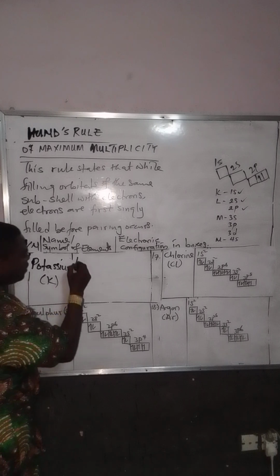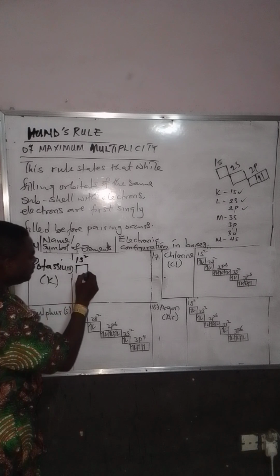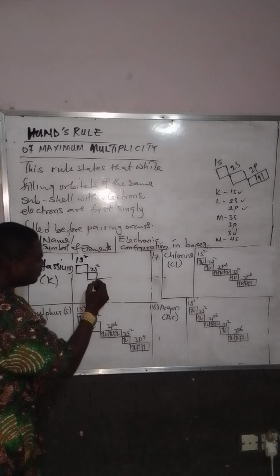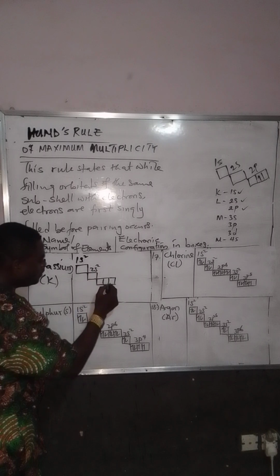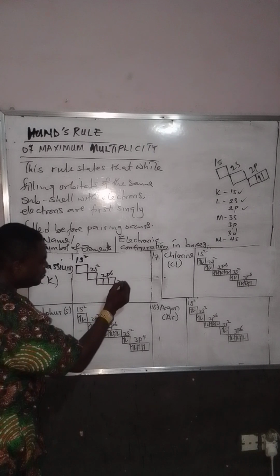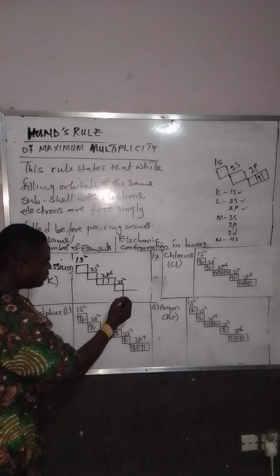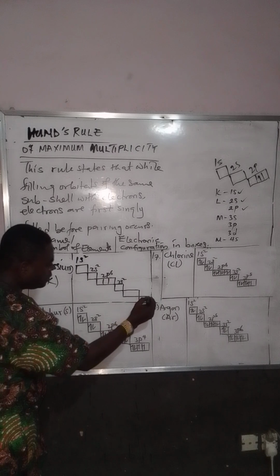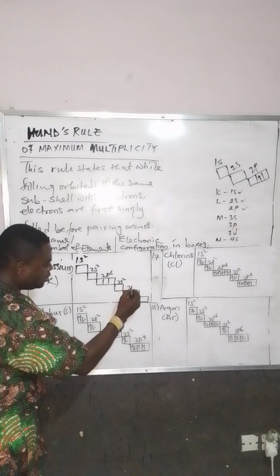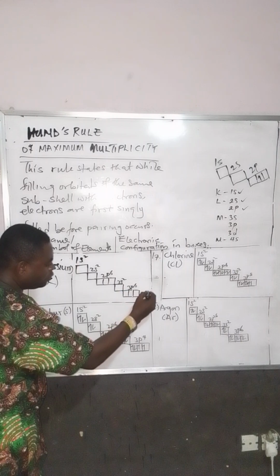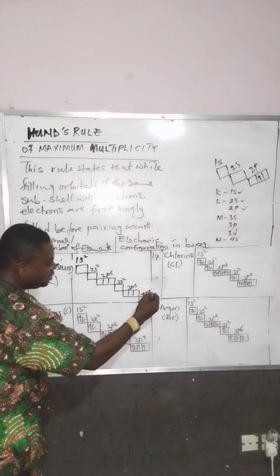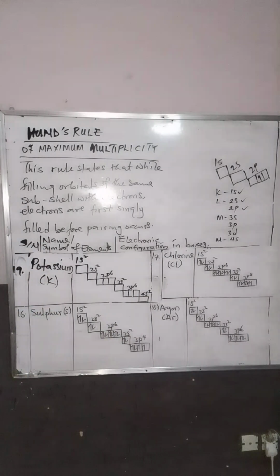And the configuration is 1s2, 2s2, 2p6, 3s2, 3p6, 4s2. Don't forget, the 3d is missing because it doesn't carry electrons.